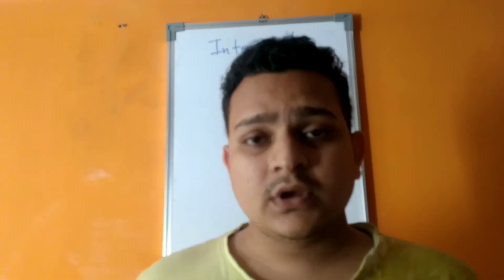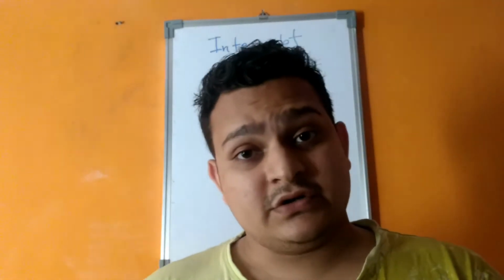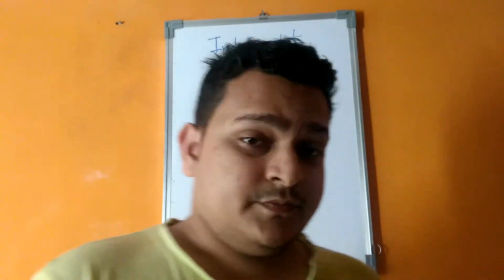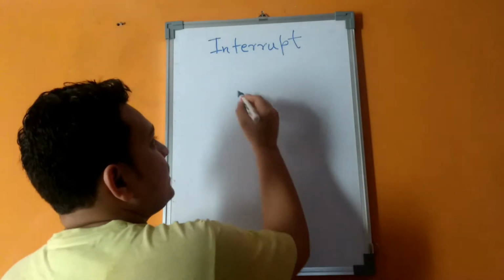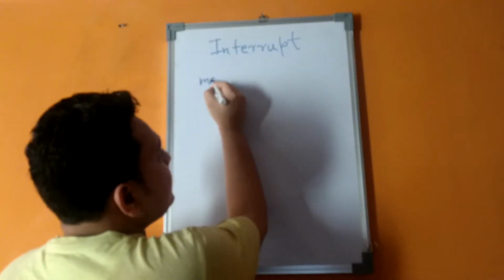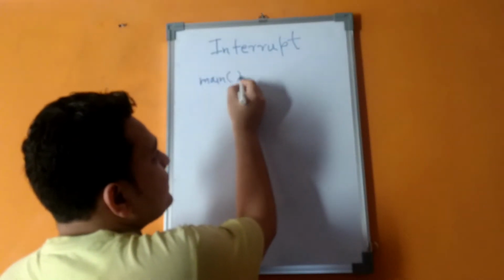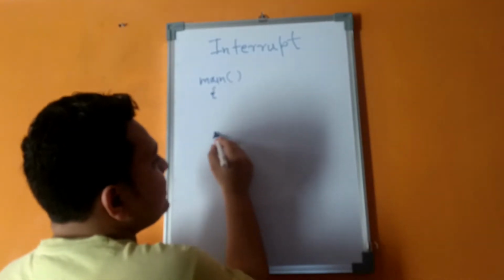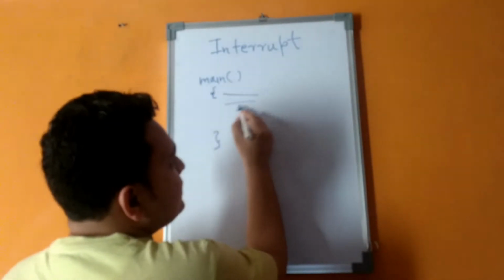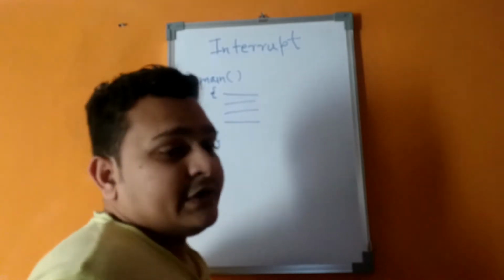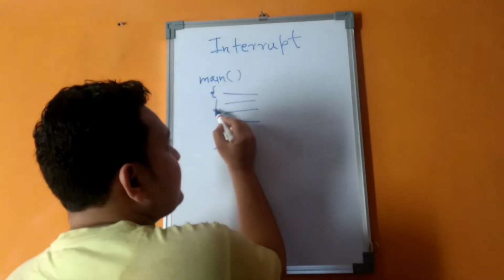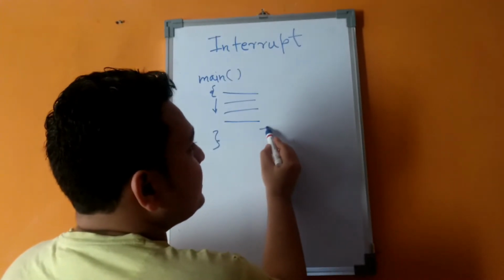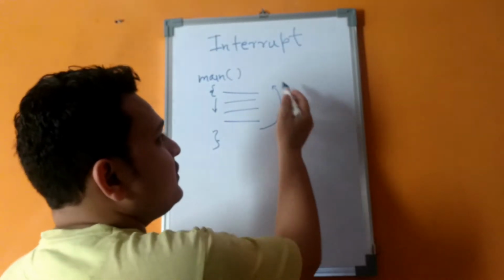Let me explain the concept of the interrupt. Suppose this is your task, this is your main. Whatever is written over here, I am telling the compiler to run this code in this manner, and when this completes, go to the first line.